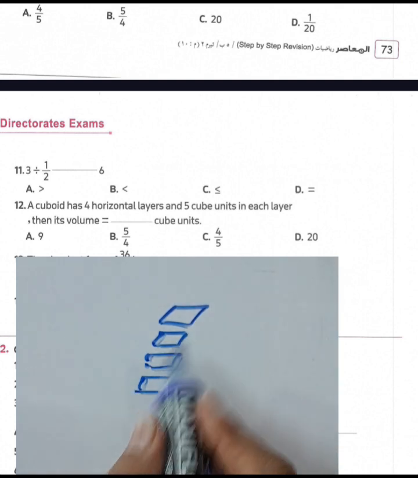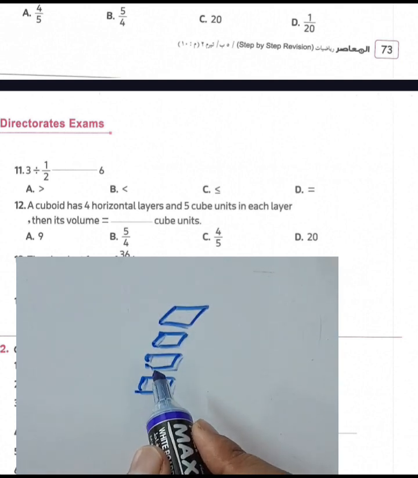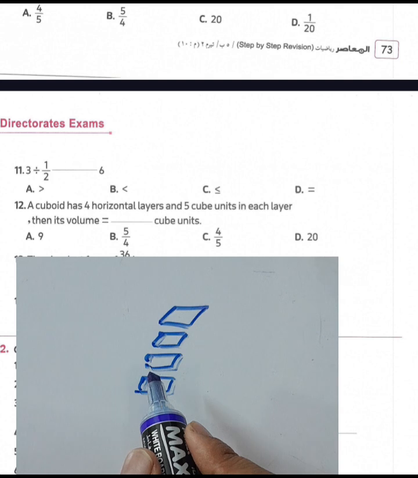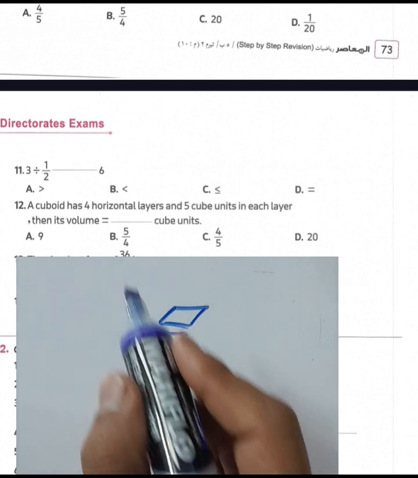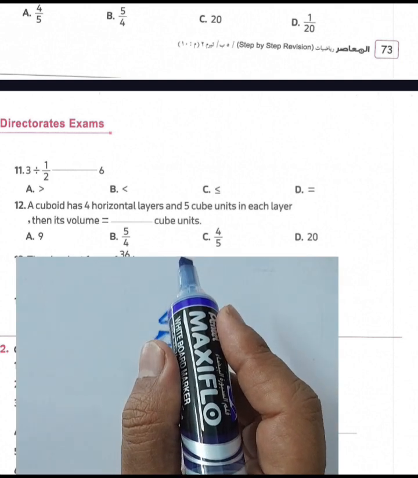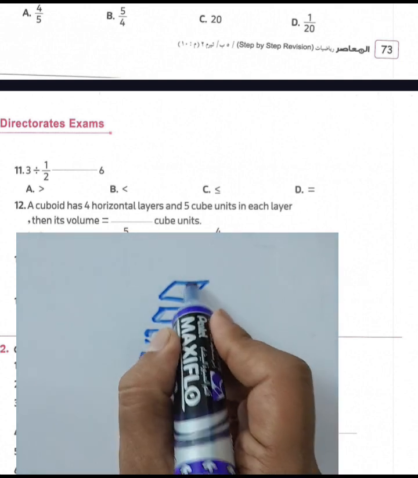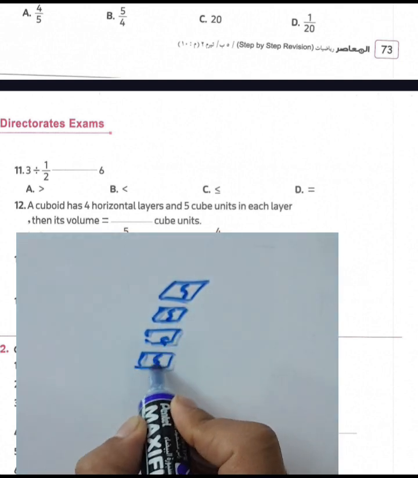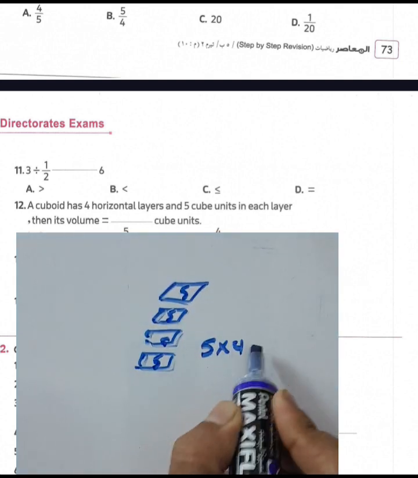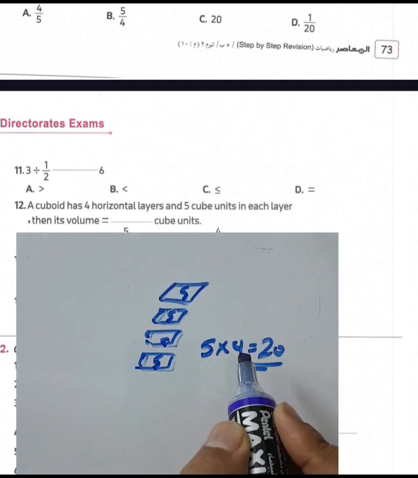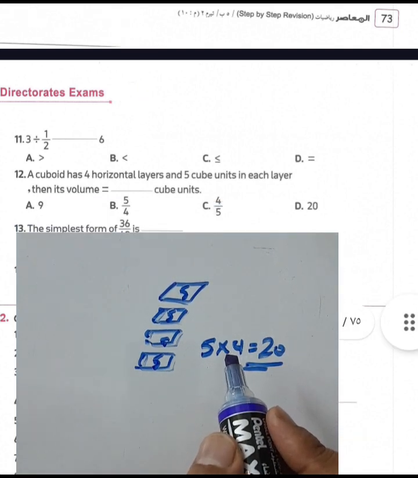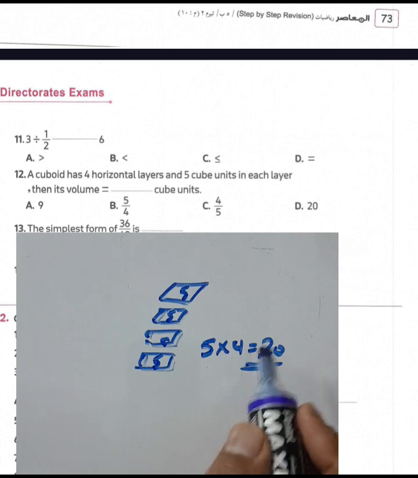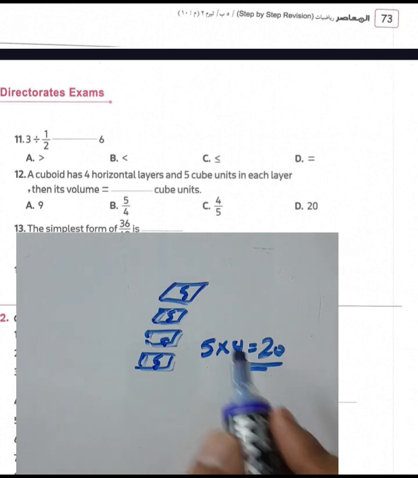We have 4 horizontal layers, and each one contains how many cubes? 4 horizontal layers and 5 cube units in each one. Each one contains 5 units. Then we can write 5 multiplied by 4 equals 20 cube units. Choose letter D for question 12.